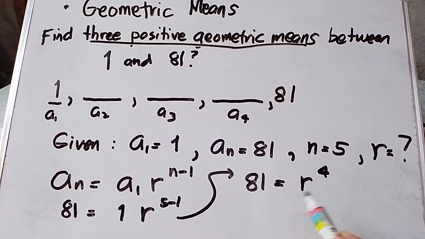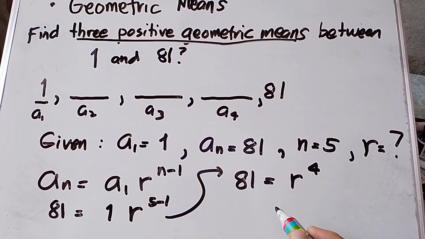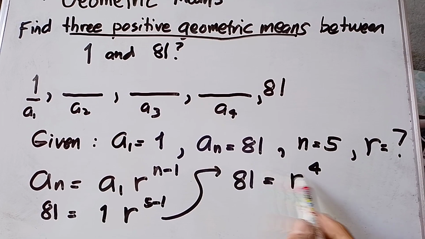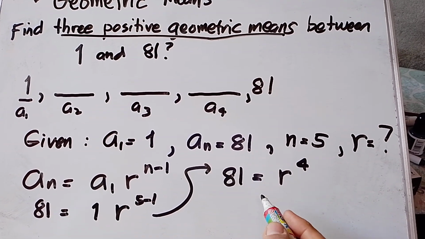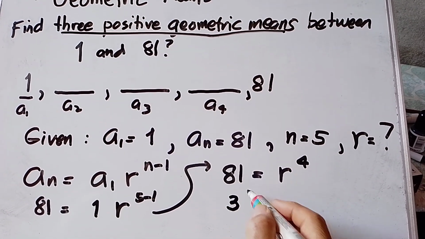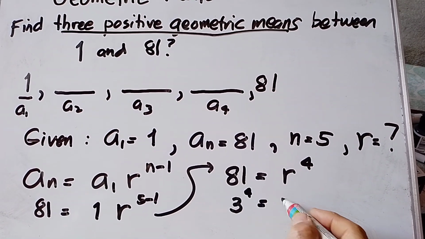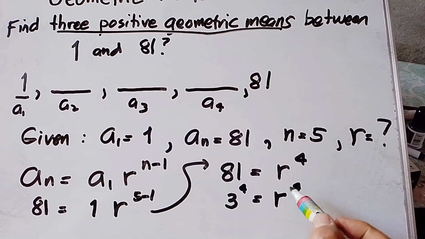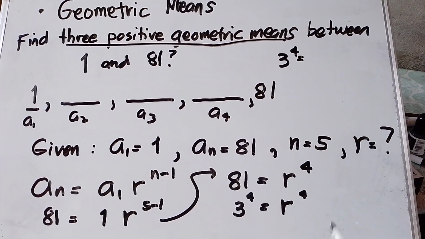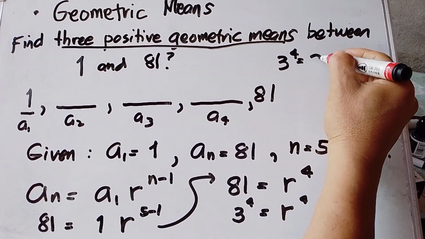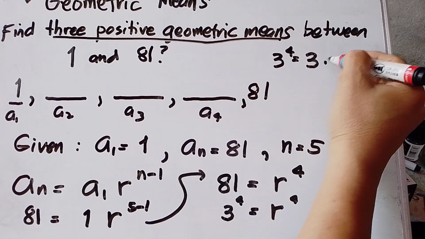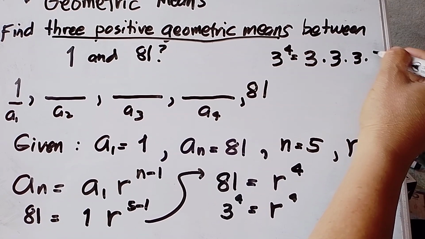So how do we solve this one? Because we are asked to find first the common ratio. So think of a number that will have the same exponent. If this is 3 raised to the power of 4, it is equal to r to the 4th. By the way, let us check what is 3 to the power of 4. Meaning multiply 3 by itself 4 times: 3 times 3 times 3 times 3.